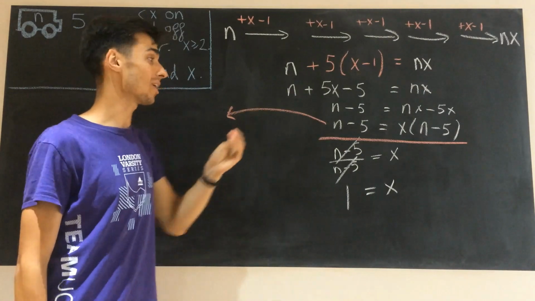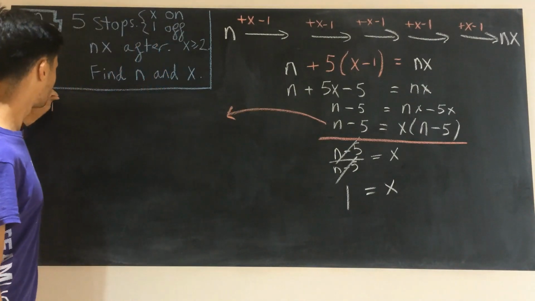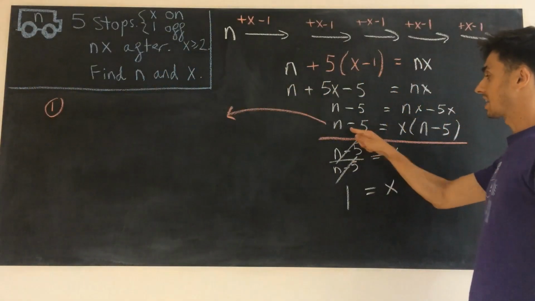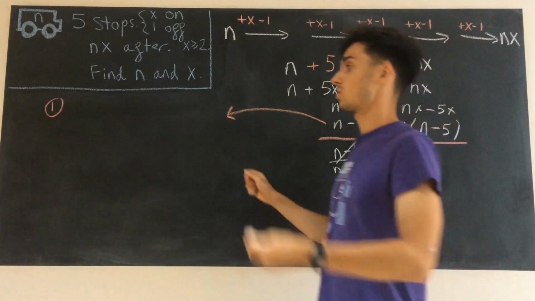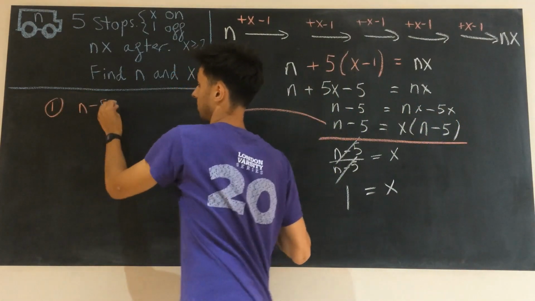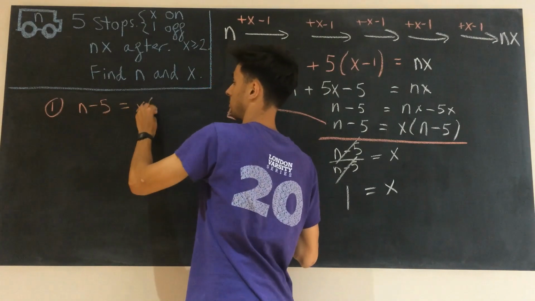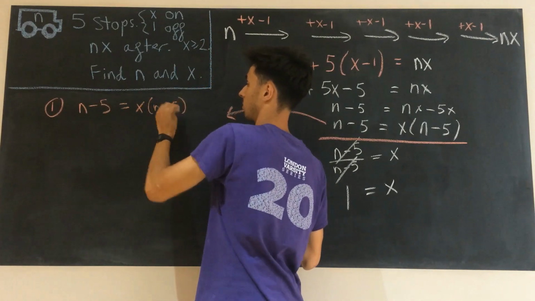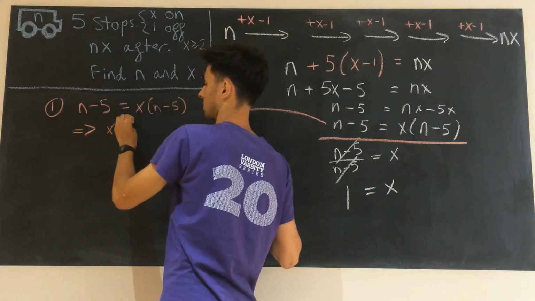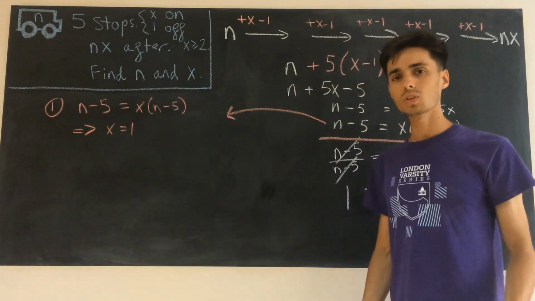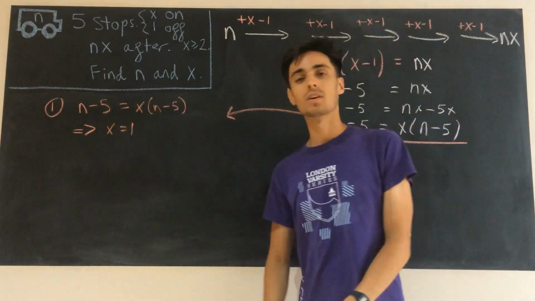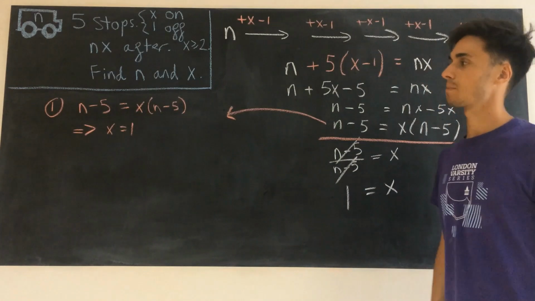We could either have number 1, our first conclusion that this could give us is x could be 1. So we could have n minus 5 equals x n minus 5, implying that x equals 1. That only works if we're allowed to cancel out these n minus 5s.